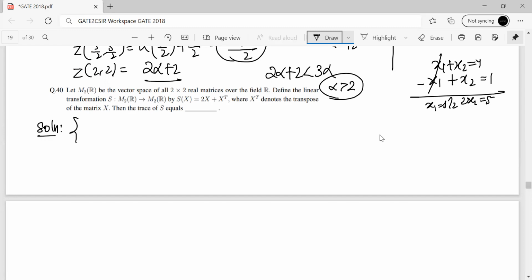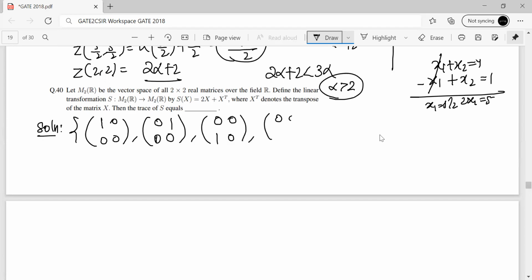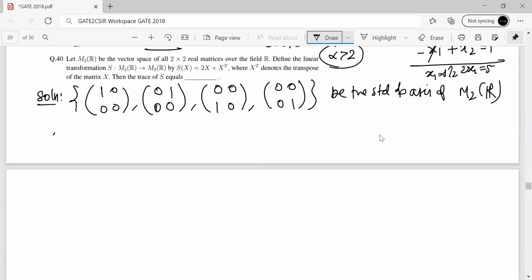So first consider the standard basis for M2(R), that is 1 0 0 0, 0 1 0 0, 0 0 1 0, and 0 0 0 1. Okay, the standard basis of M2(R). Now let's find out S of 1 0 0 0.